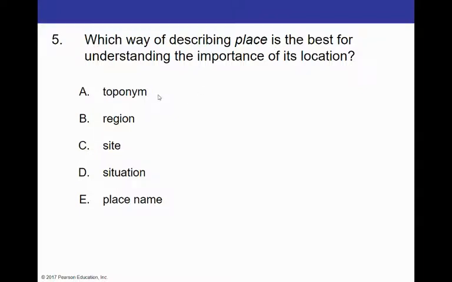So cross off toponym, cross off place name, and you should have also crossed off region, because region is a different theme from place. So you should have got between site and situation. Understanding the importance of a location and describing it is going to be situation. Remember, site is its exact location.